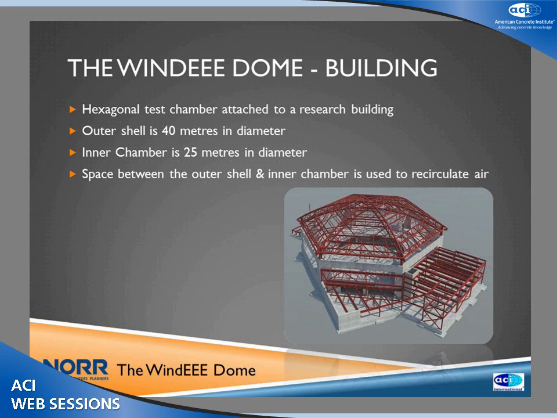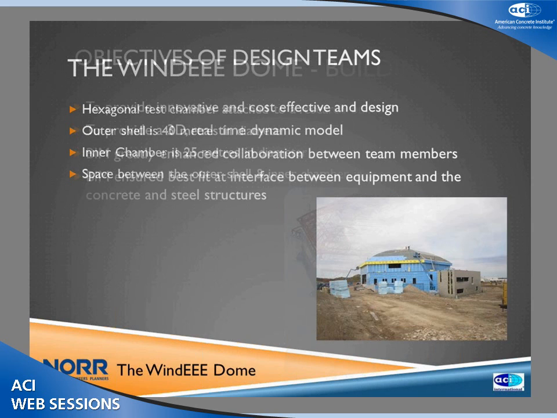The three-story hexagonal building is a reinforced concrete structure with a steel roof, and it is designed to integrate the architecture of the building with the specialized equipment that creates the various wind conditions. The outer building shell is 40 meters in diameter, around 133 feet, and the inner shell is 25 meters in diameter, and the space between the outer and inner shells is used to recirculate the air.